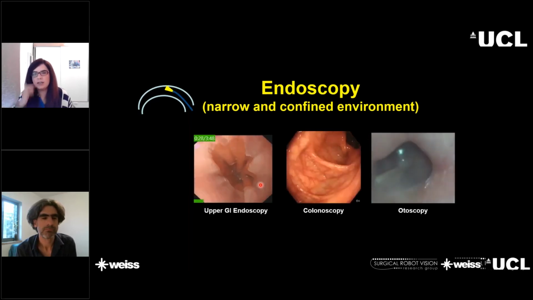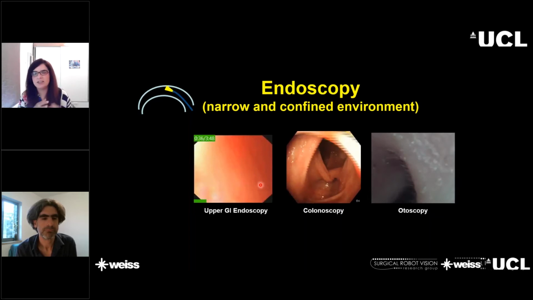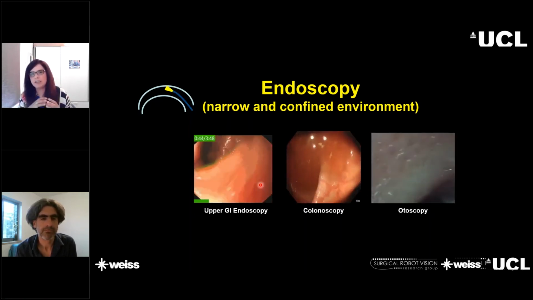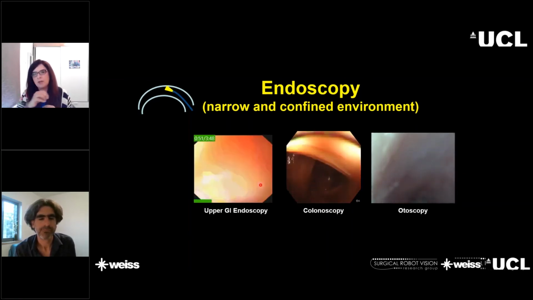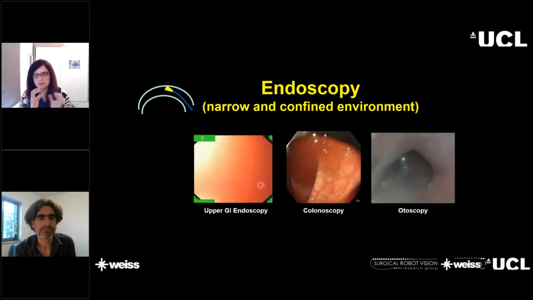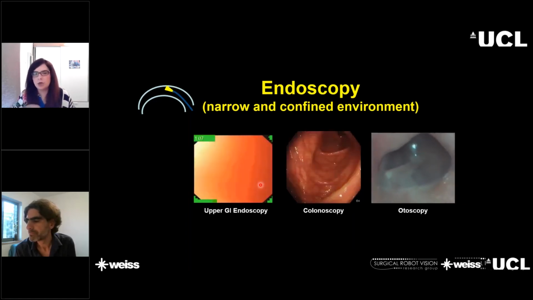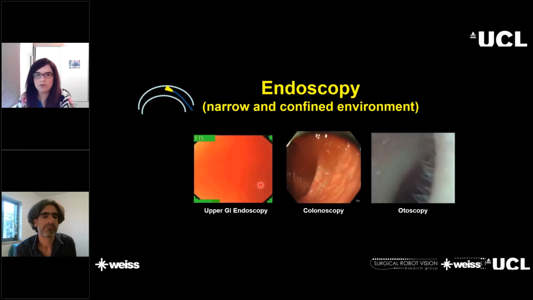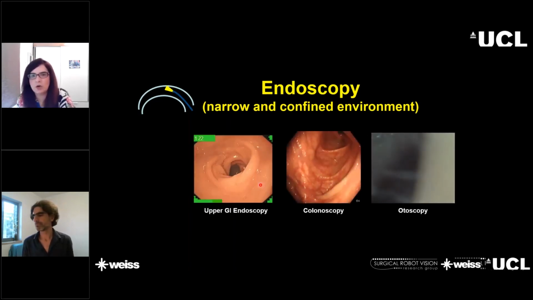The second category that I classified in the beginning of my presentation is endoscopic vision, where the environment is narrow and confined, and the endoscope is moving in a very constrained tube-like environment, which is deforming as well, and where the scene is quite textureless as well. So a lot of challenges come from the dynamically changing nature of this scene.